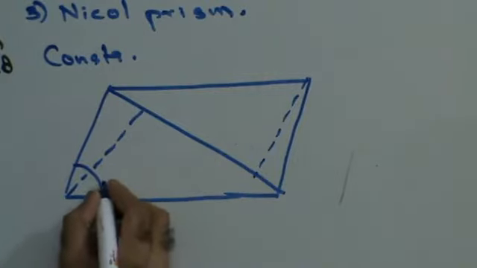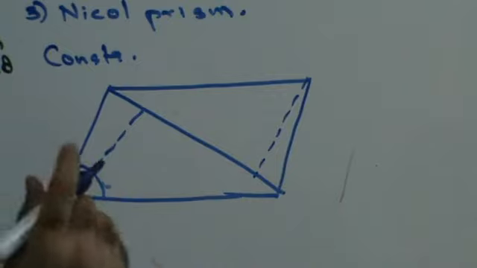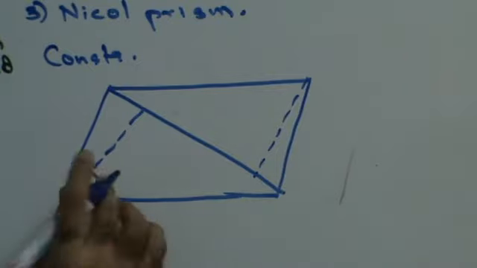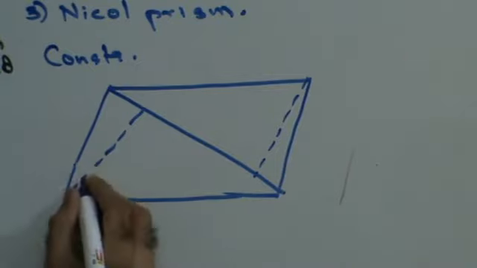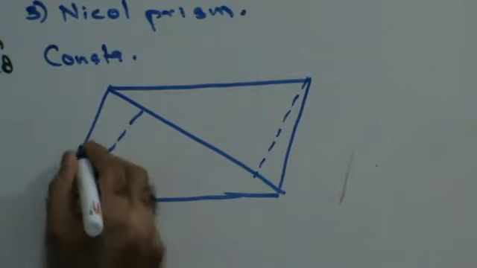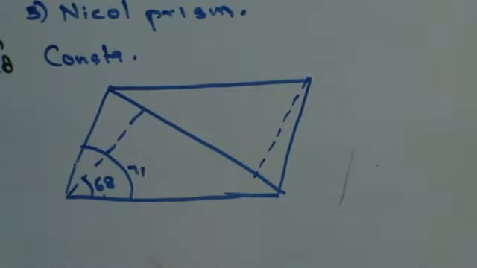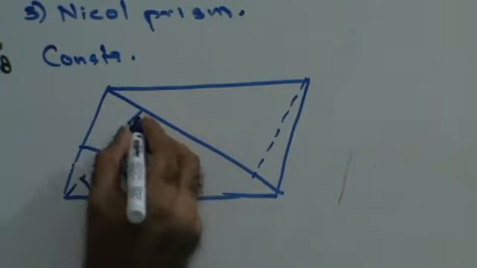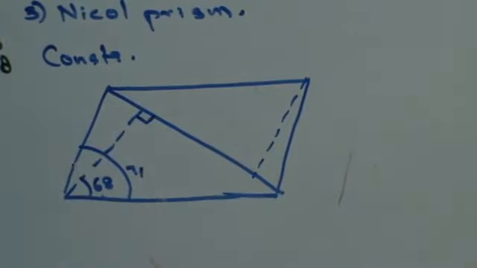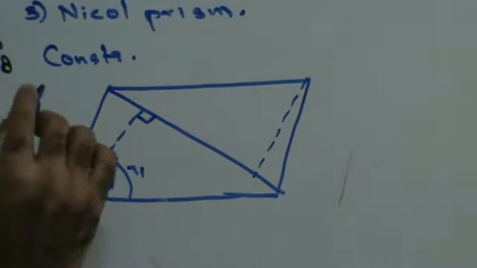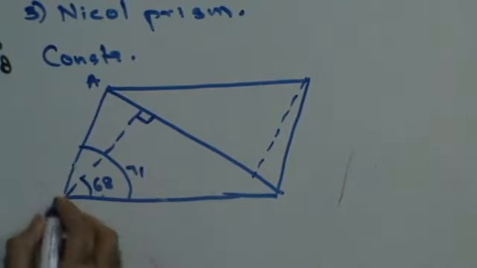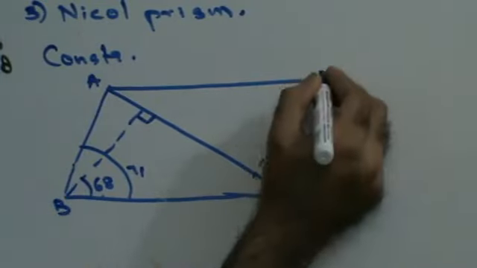This angle is 71 degrees. This angle is 68 degrees. This angle is 71 degrees. And this is 90 degrees. Right? Let's consider that you have A, B, C, D.